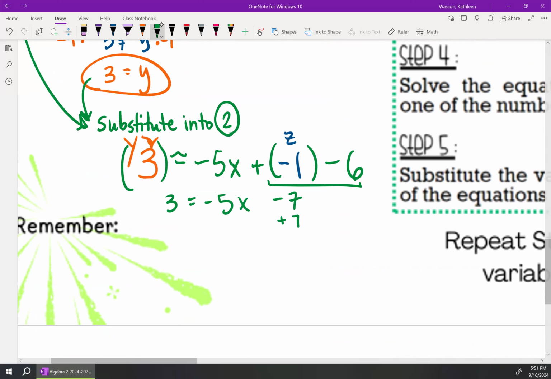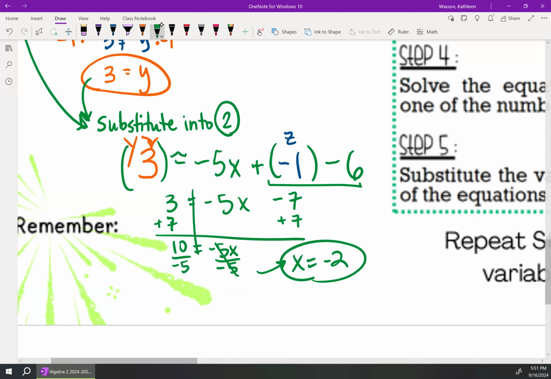I'll move the 7 over here with the 3. And I got 10 equals negative 5x, and I divide. So I find that x is equal to negative 2.